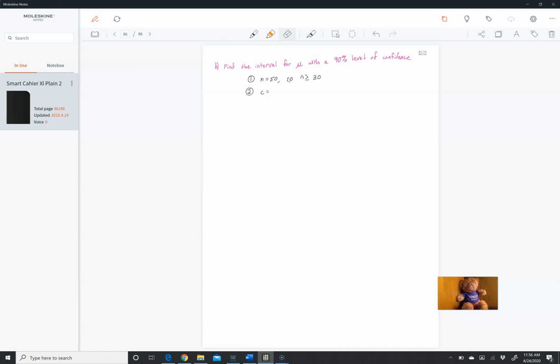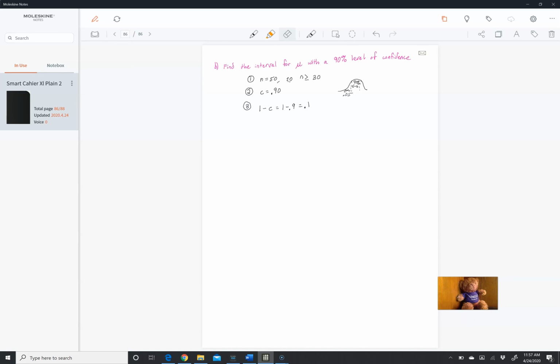Our second thing is to determine our level of confidence. So our level of confidence here is 0.90 now. Okay, now we have to find our z-score. So it's 90% in the middle. If it's 90% in the middle, it's 10% on the outside. And how much is it just over here? It's 0.05, right?